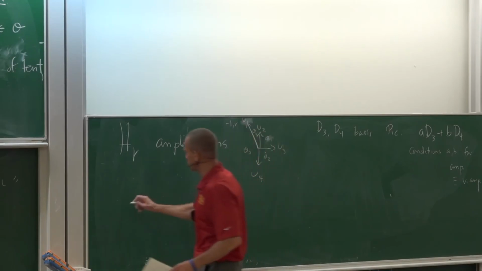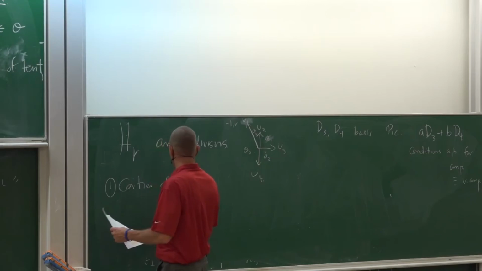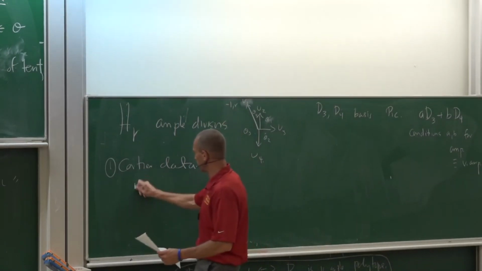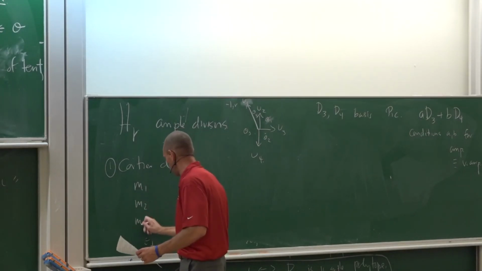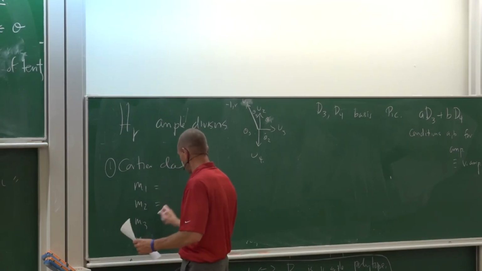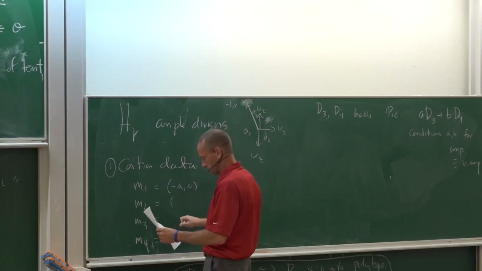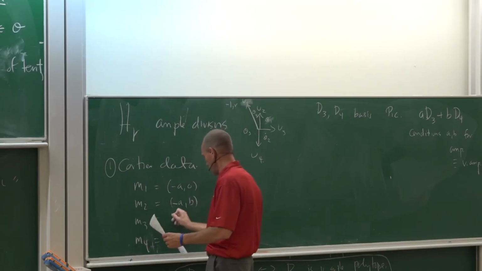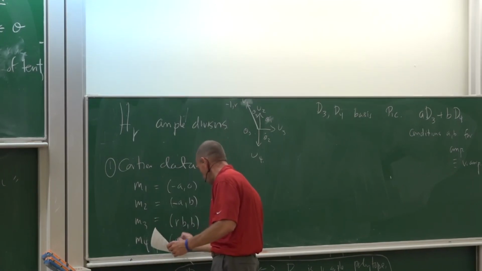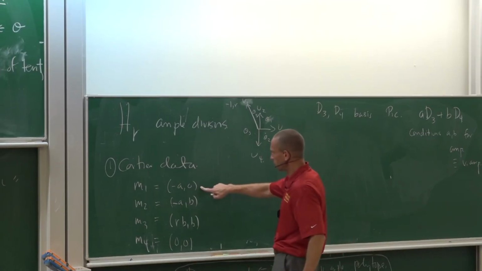So the steps are going to be, first, let's write down Cartier data. And I'm going to do this one for you because we should work through it. M1, M2, M3, M4 are equal to minus A, 0; minus A, B; rB, B; and 0, 0. Just as a quick refresher, what's this one?